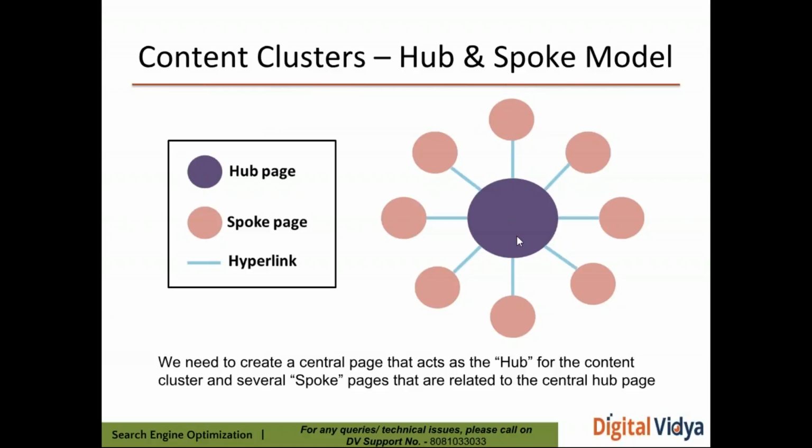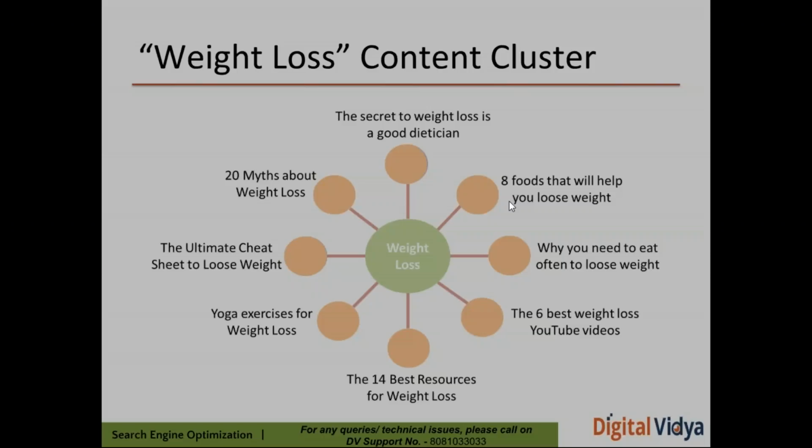And then there would be subtopics that are known as spoke pages. That means cotton cushion covers, silk cushion covers are the spoke pages. So you try to build content or pages around your spoke pages and link each of those pages to your hub page. So you are building the hub and spoke model.